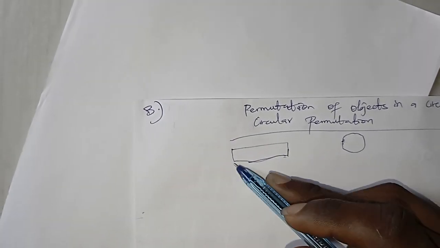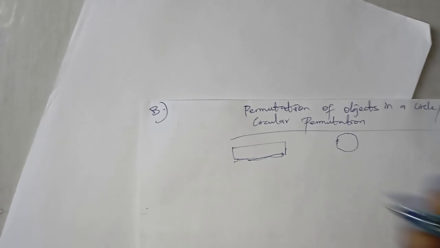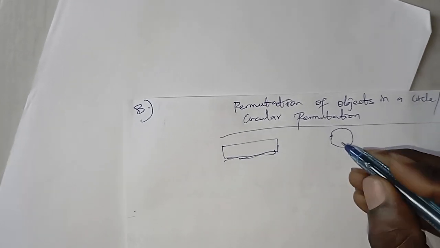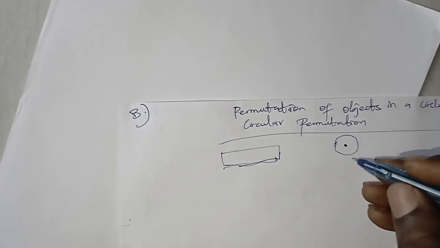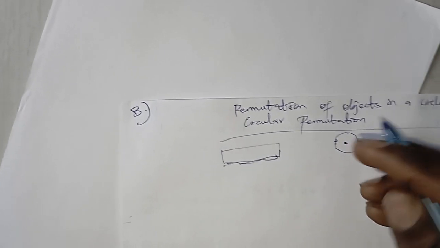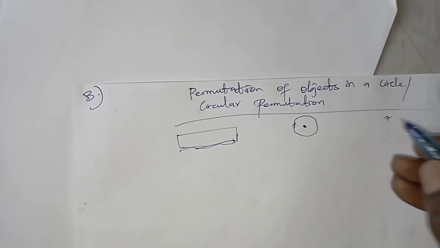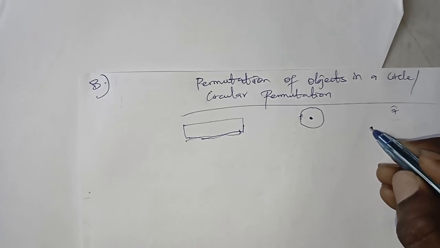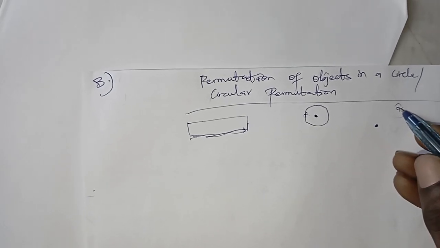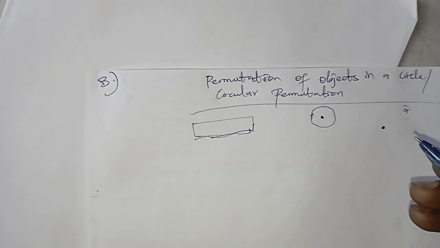So all these conditions we've been doing before now is when it's straight, or maybe there is no going around. But when it's circular permutation we are dealing with, we take it that there is a center. So whatever we are given, let's say we are given 7 objects, if it's going around a circle, one of the objects is the center. To indicate every circle must have a center.